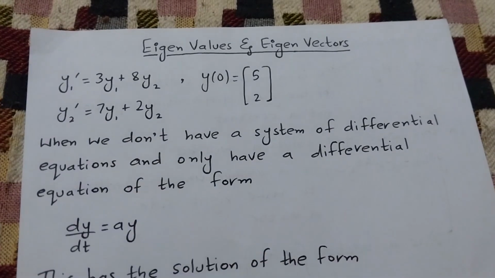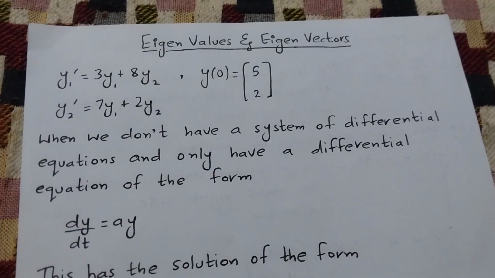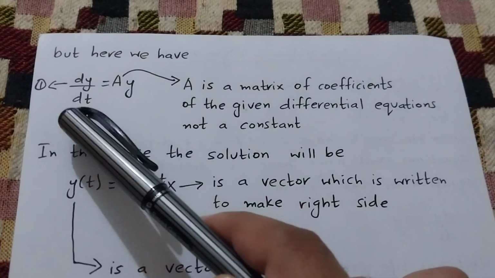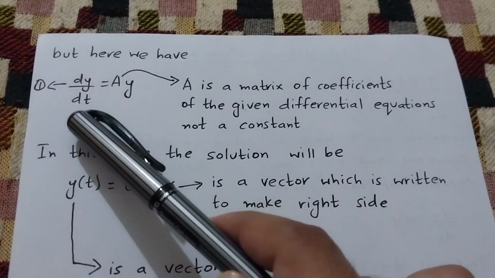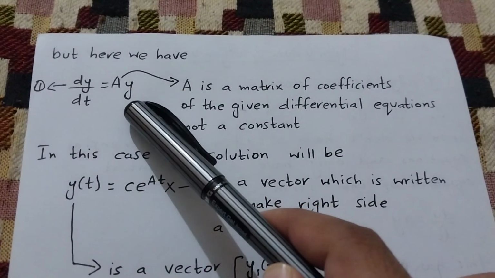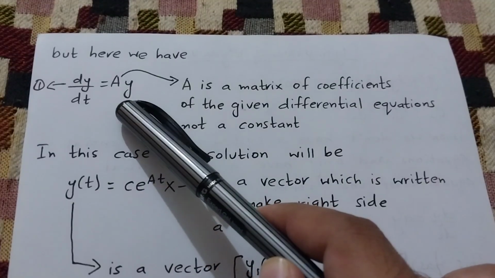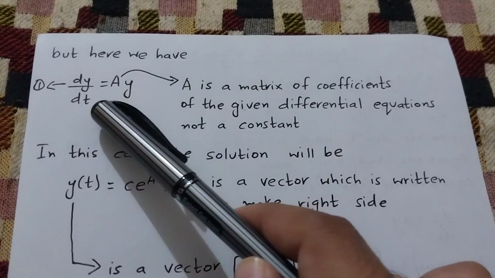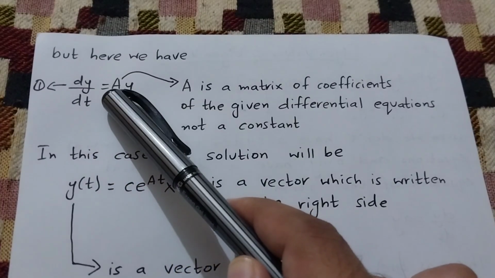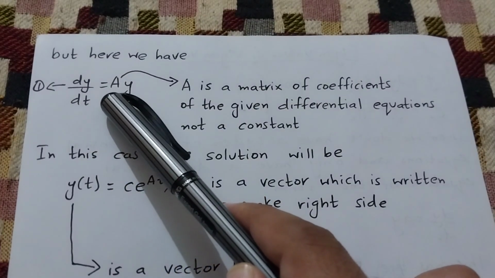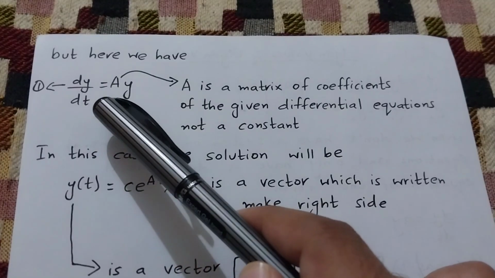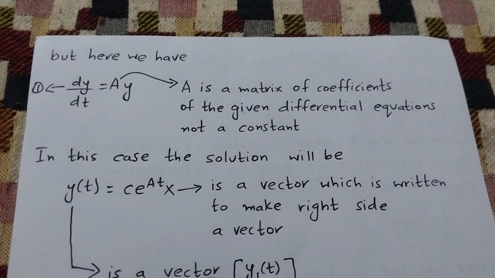So here we have dy over dt is equal to capital A into y. y is basically the vector of unknowns, y1 of t and y2 of t, and capital A is basically a matrix of coefficients of the given system of differential equations.